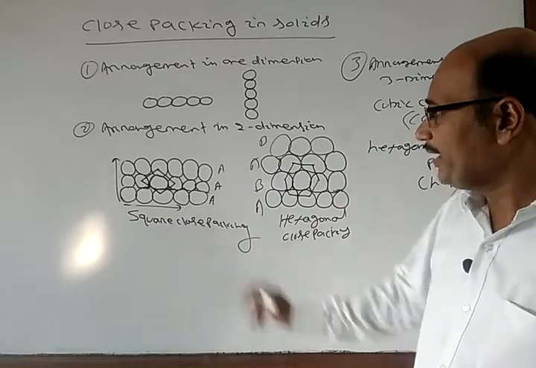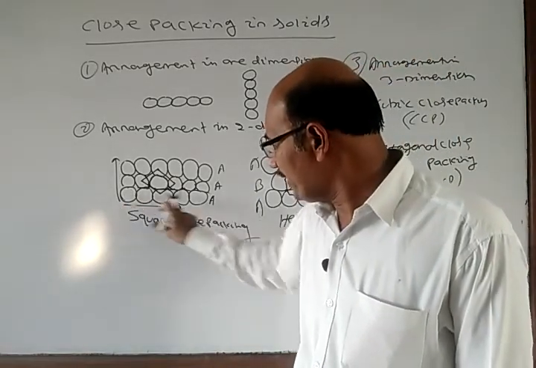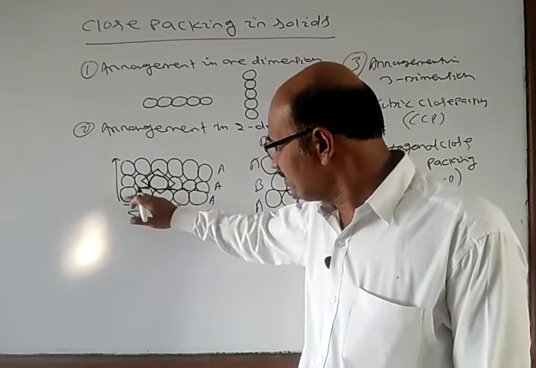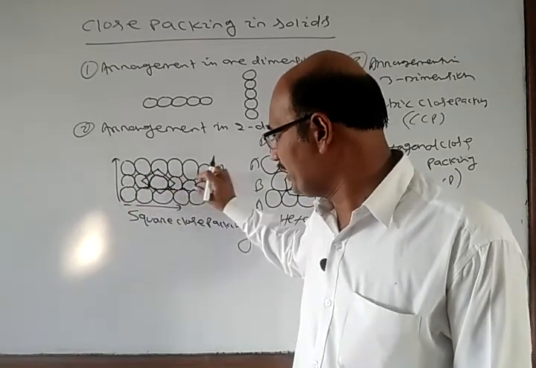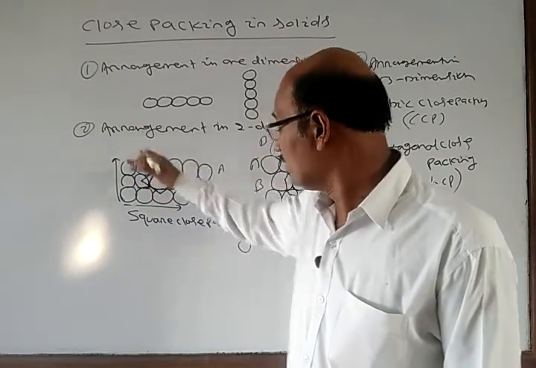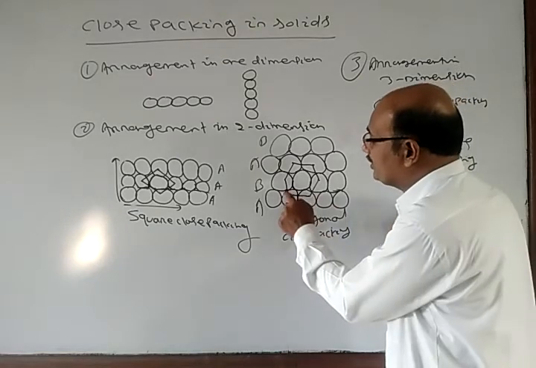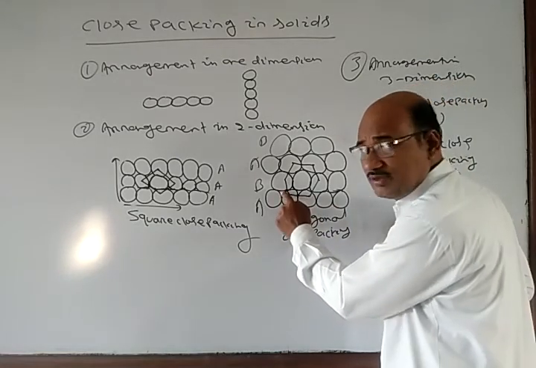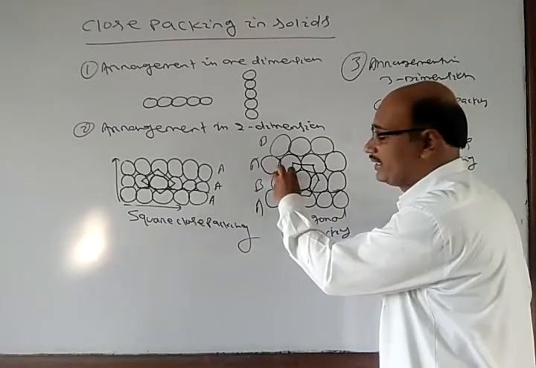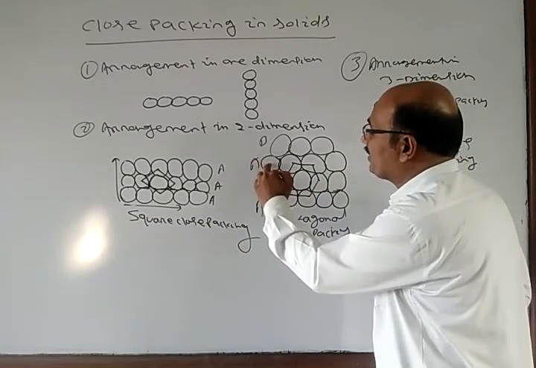Here in square close packing, above each atom of one layer we have again another layer, so one layer is placed above the other layer. Then in the vacancy of the first layer we have the second layer, and then again the first layer.